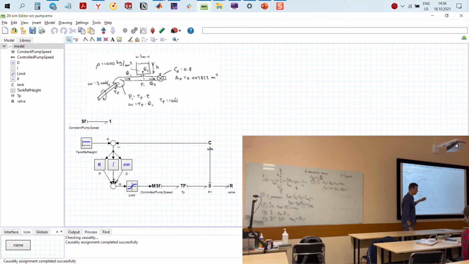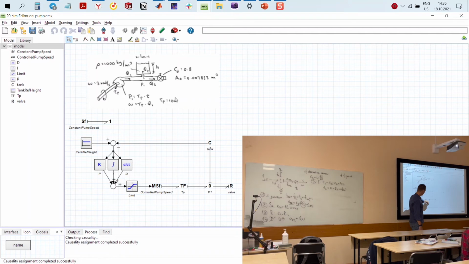But in bond graphs, it's just a piece of cake. Here you use a modulated source of flow. Since it's hydraulic, it will be volume rate, flow rate.